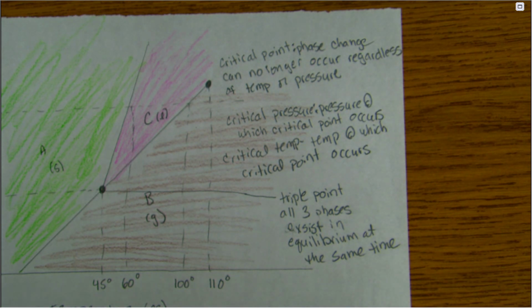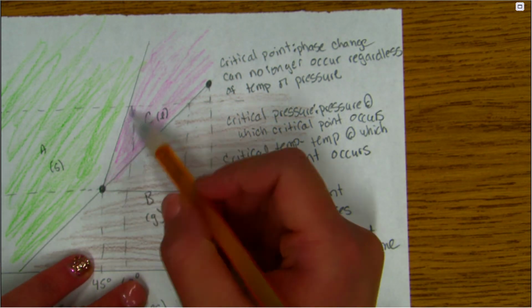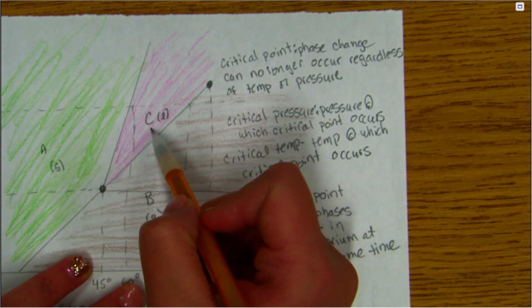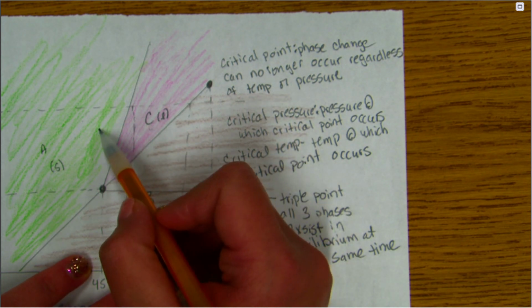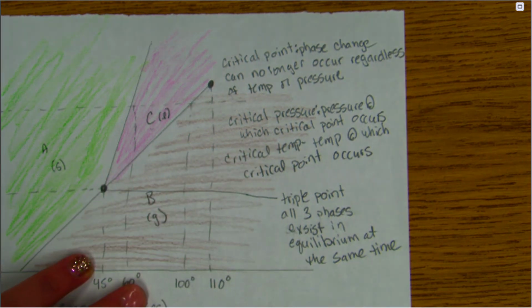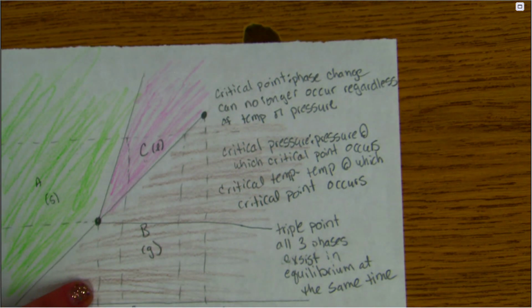So one additional thing, let's check out the slope of this line. This is my line that brings me from a solid directly to a liquid or a liquid directly to a solid. So this is my freezing and my melting point. Check out the slope of this line. This slope is a positive slope.